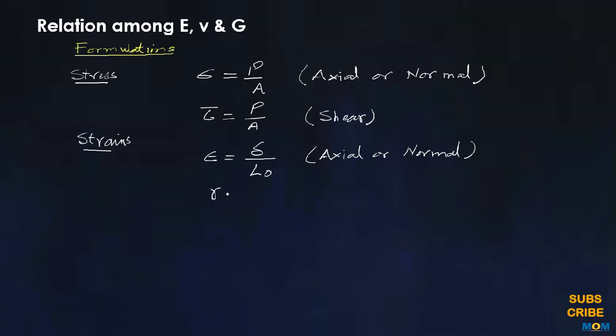Then gamma is equal to pi by 2 minus the changed or the new angle. This is for the case of shear strain.